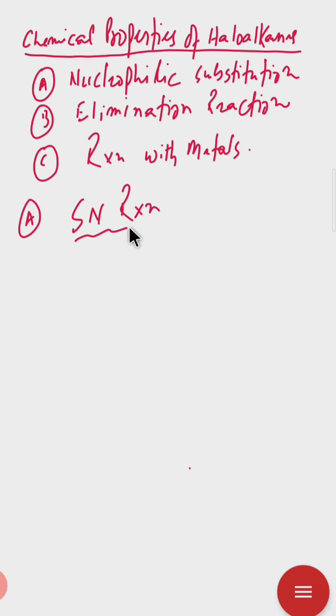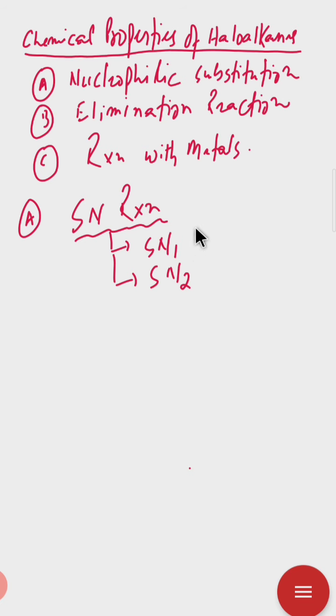Now SN reaction is of two types mainly. One is SN1 and another one is SN2. So in this video, let me explain about the mechanism of SN1 and SN2.